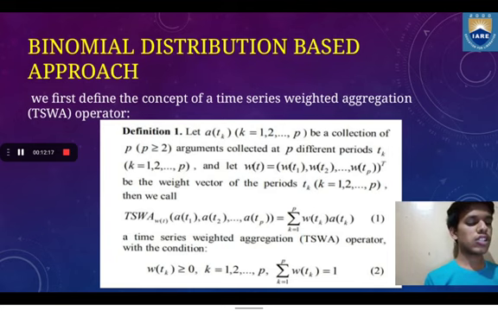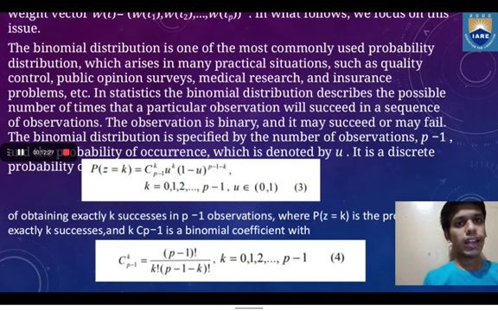So these are the conditions we take when deriving the definition of the time series weighted aggregation operator. Next, the weight vector w(t) = (w(t1), w(t2), ..., w(tp)).